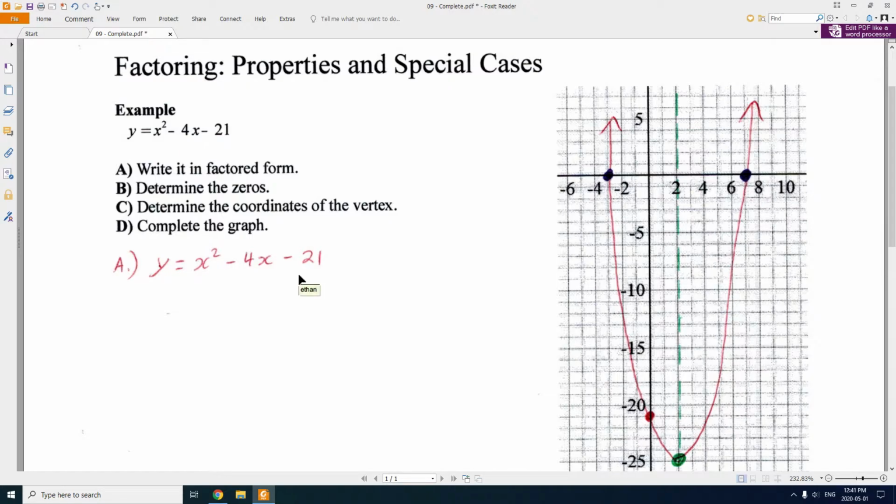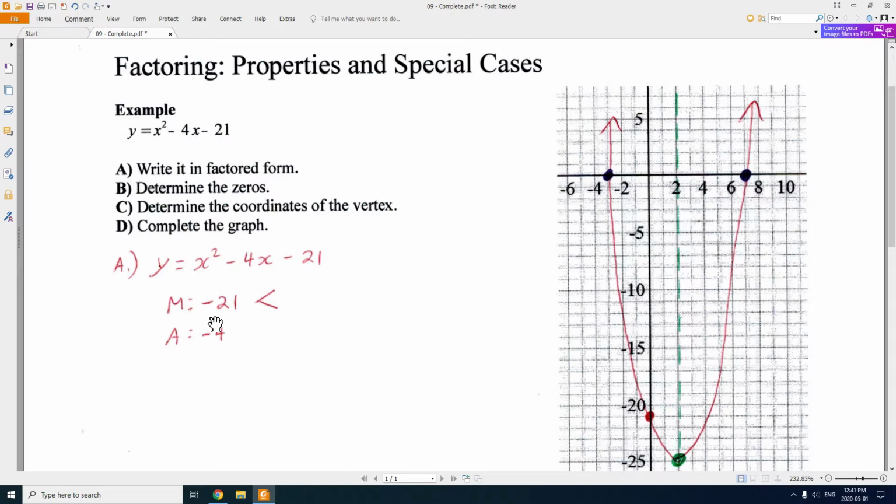Remember that when we're factoring, we are looking for numbers that multiply to give us the last number, multiply to give -21, and we're looking for two numbers that add to give the middle number, -4. All right, so we need to figure out what two numbers multiply to -21 and add to -4.